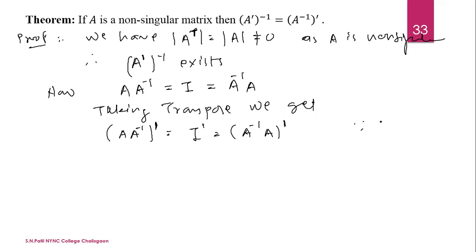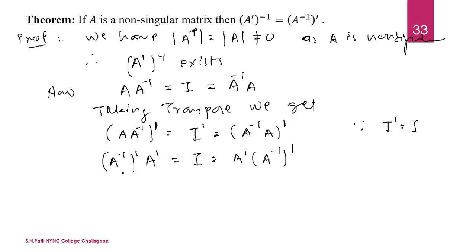Since the transpose of the identity matrix is the identity matrix, now we apply the reversal law of transpose. So it can be written as A inverse transpose into A transpose, its transpose is identity matrix. Now here A transpose into A inverse transpose.